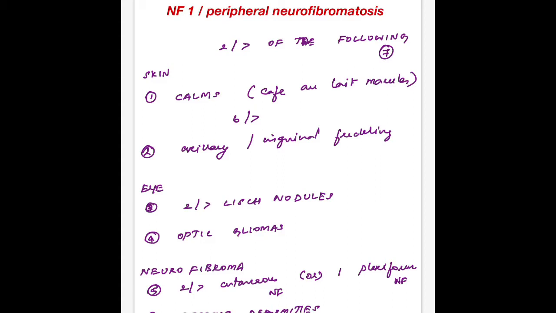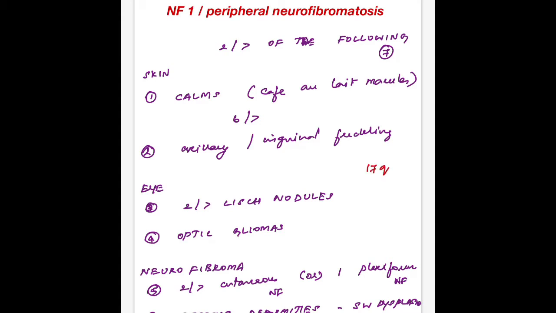And finally, one of the most important things, the first degree relative. This is very easy to remember, all the seven criteria, if you segregate them into the systems they involve.